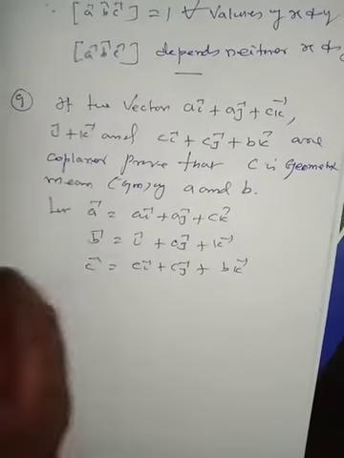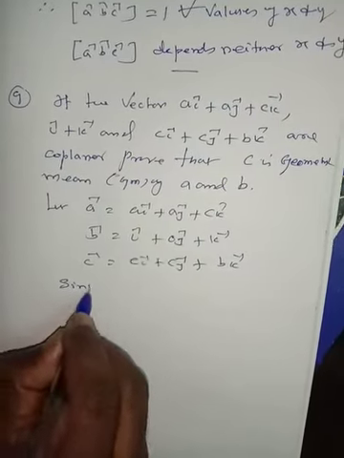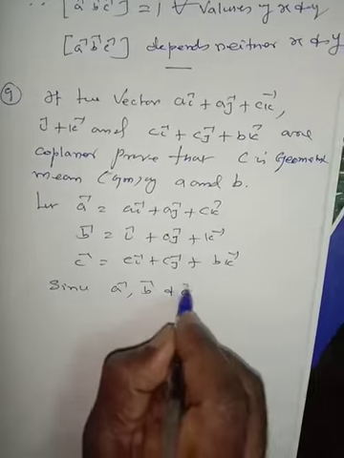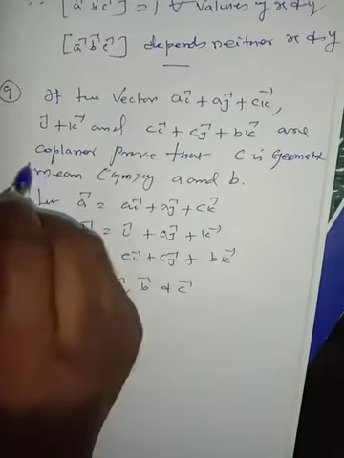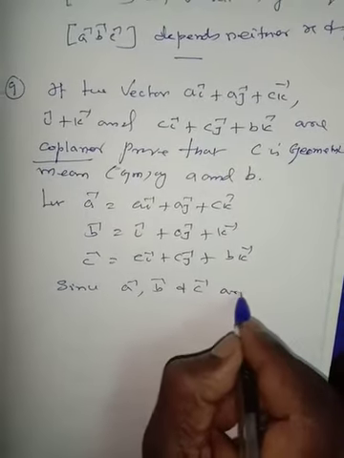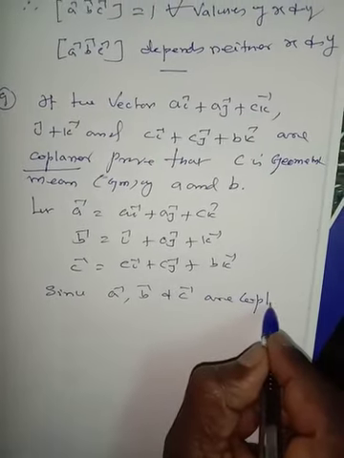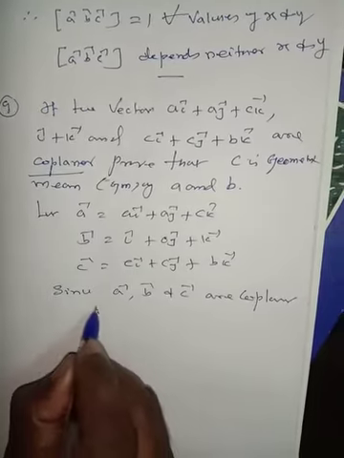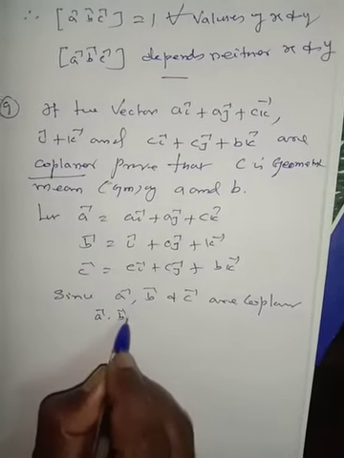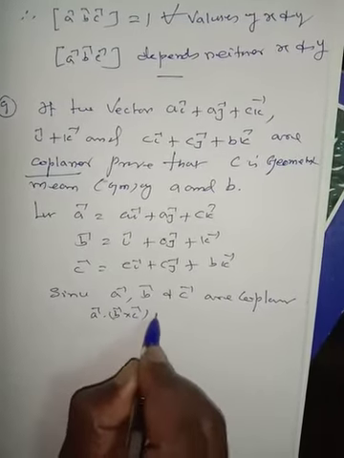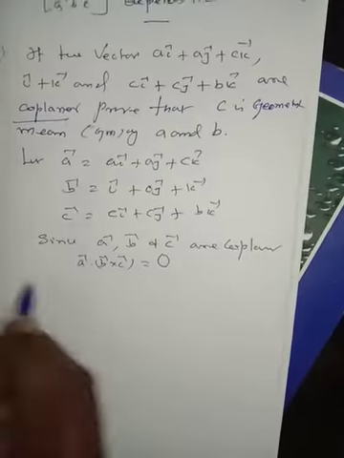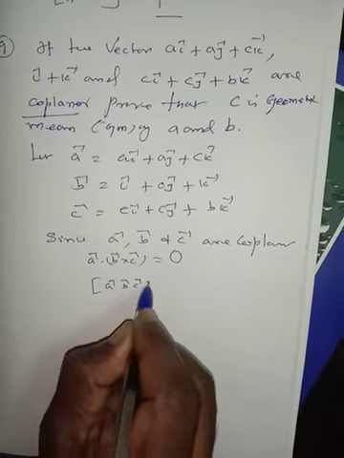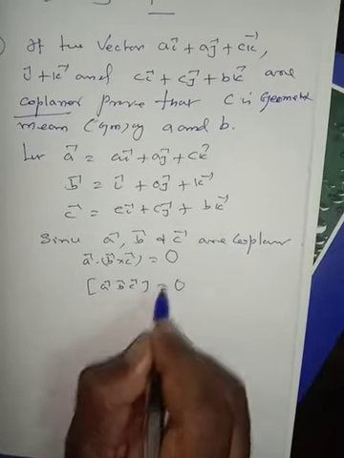The reason is that A vector, B vector and C vector are given as coplanar. The condition is that the box product of A, B, C is equal to 0.